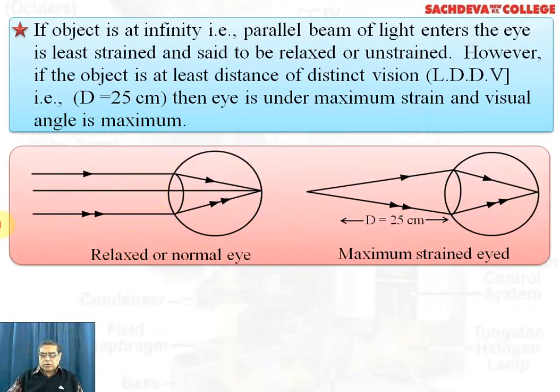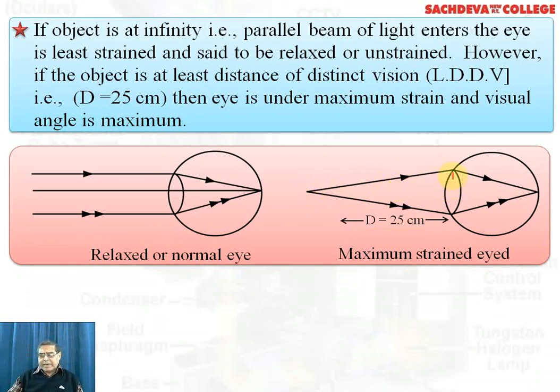And now we come towards the two figures. That is the left figure, the relaxed or normal eye. We are finding that the rays are parallel. They will fall on the convex lens, and from the convex lens, they will converge at a point on the retina. And in the right image, we are finding that the least distance of distinct vision is 25 centimeters. The object is kept there.